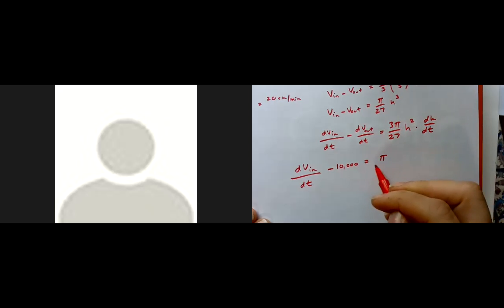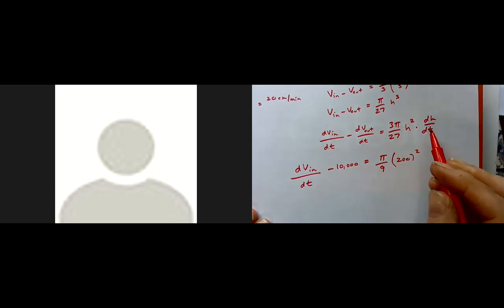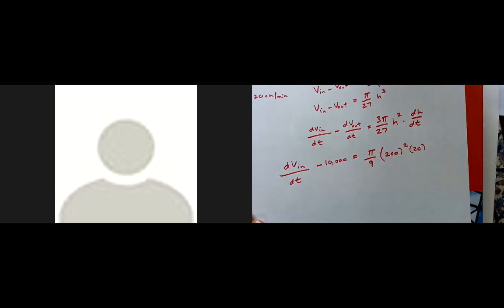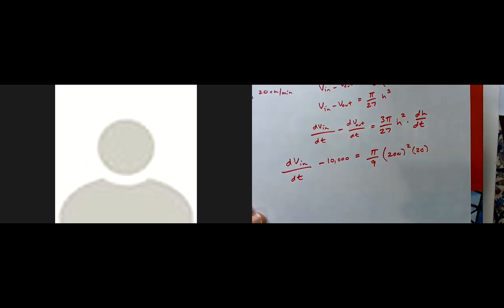So I have pi over 9. My h was 200 squared, and my dh/dt was 20. Last thing I need to do is just add this to the other side.